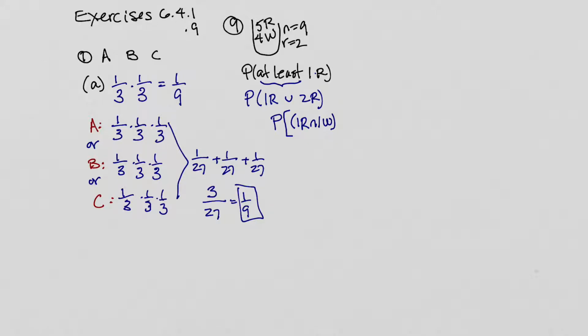Then I've got the or, and now how do I get these 2 reds, and I want to write it in terms of reds and whites. So to get 2 reds, I must have 2 reds and 0 whites. Close and close.